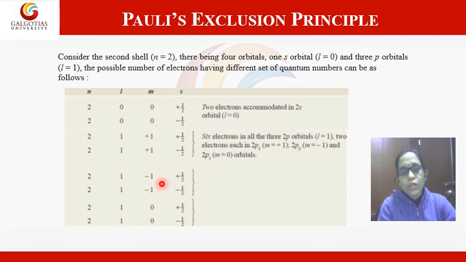That means for the 2 electrons present in a single orbital, the principal, azimuthal and magnetic quantum numbers may be similar, but the spin quantum number differs. So Pauli's exclusion principle helps you see the difference in the set of 4 quantum numbers.